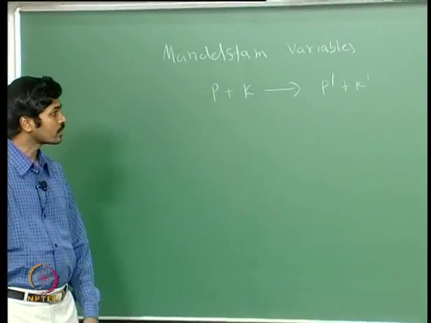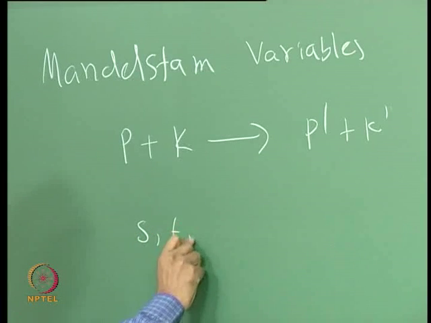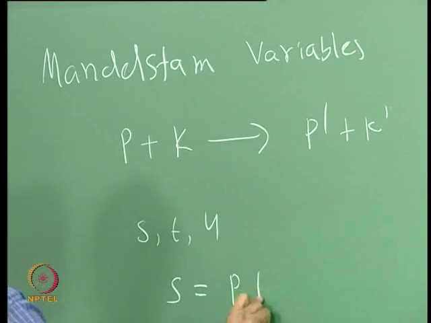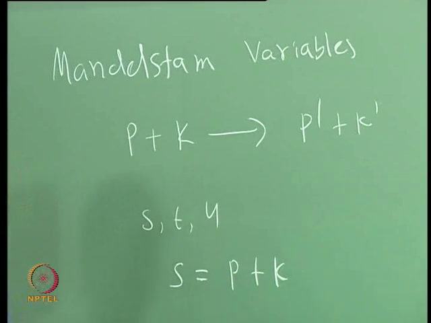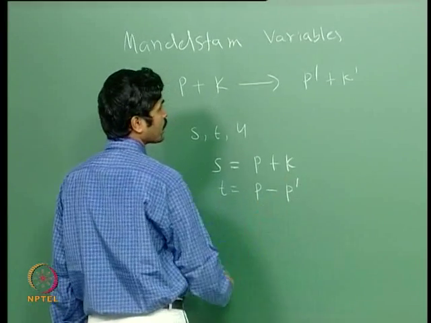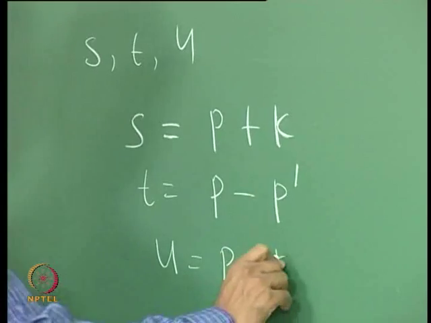You can introduce the variables s, t and u such that s is equal to p plus k, t is equal to p minus p prime and u is equal to p minus k prime.